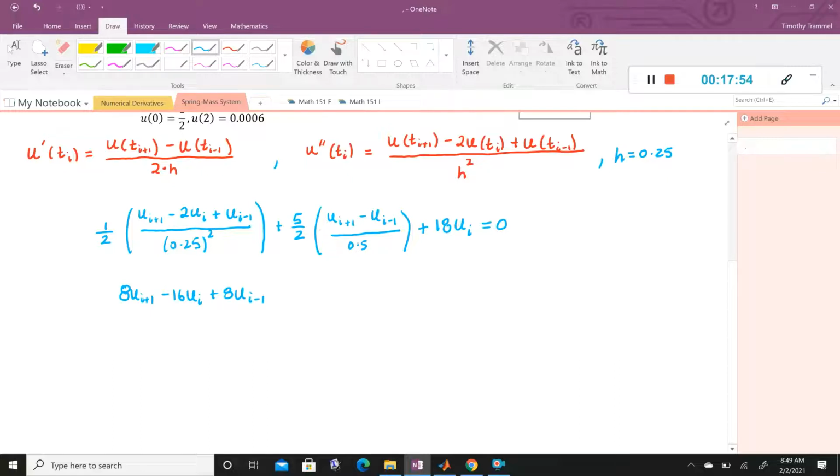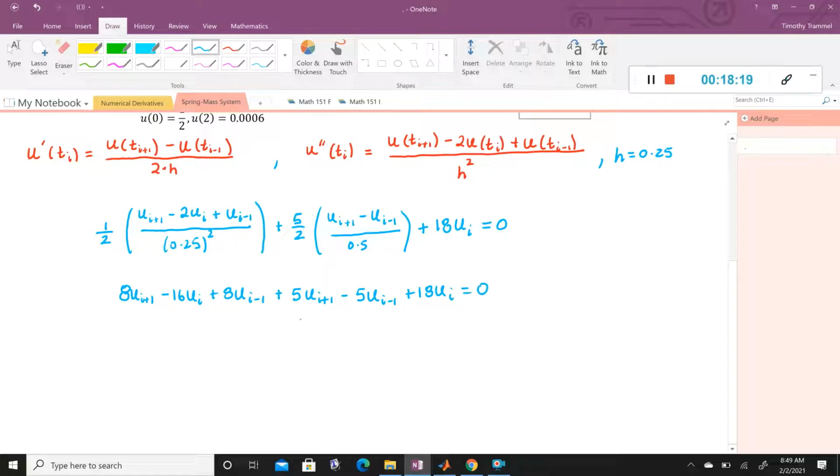And then we have divided by a half. So this is going to be 2 times 5/2, which is just 5. So that's 5 times u sub I plus 1 minus 5 times u sub I minus 1, and then plus 18 u sub I equals 0.